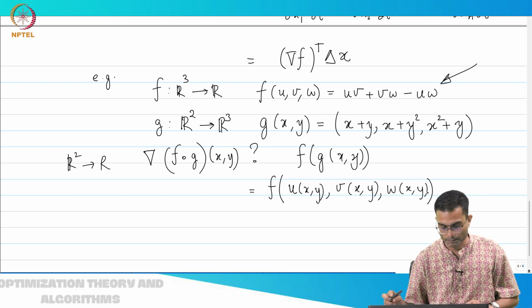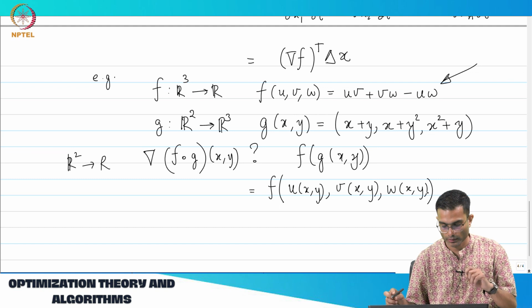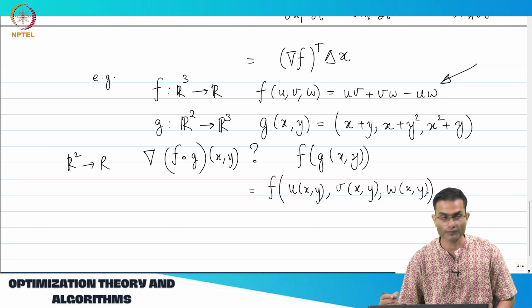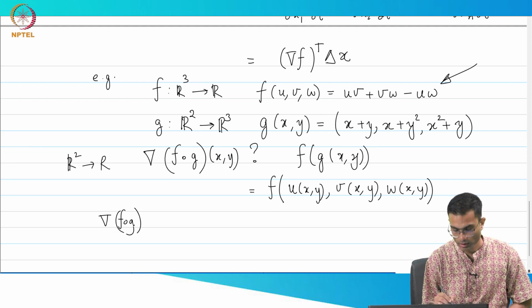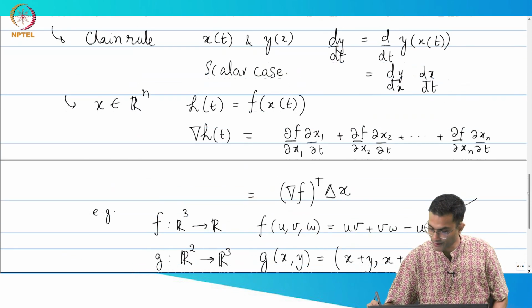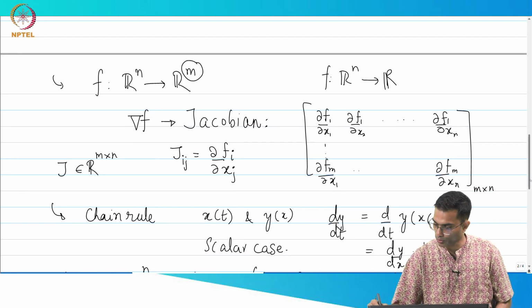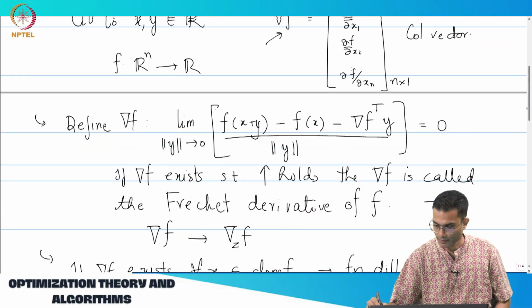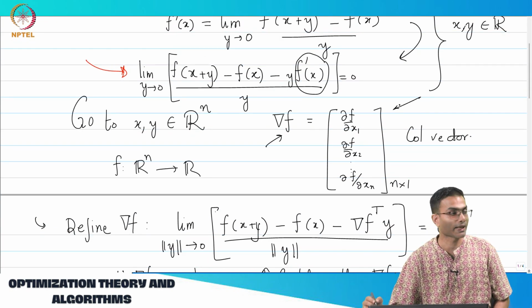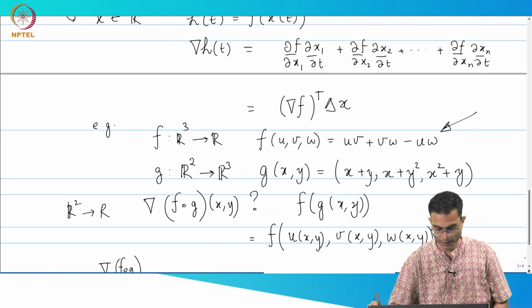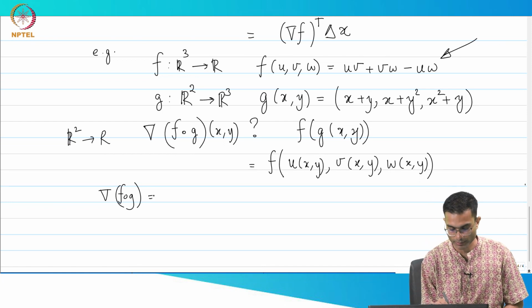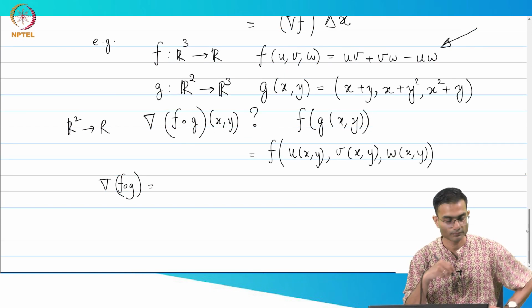Now to find the gradient of this, if I ask you del of this f composed with g, when we defined the gradient earlier, we wrote it as a column vector with n elements. Now when I write the gradient of this function, how many elements will there be? 2.